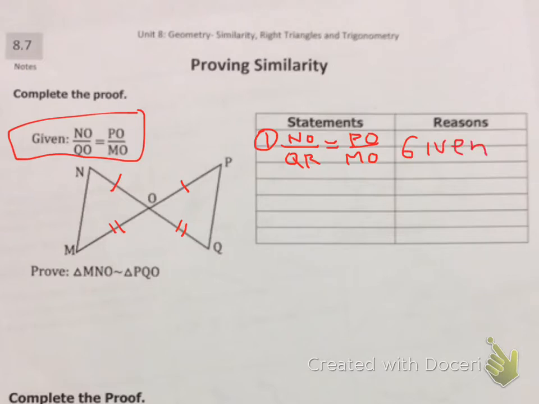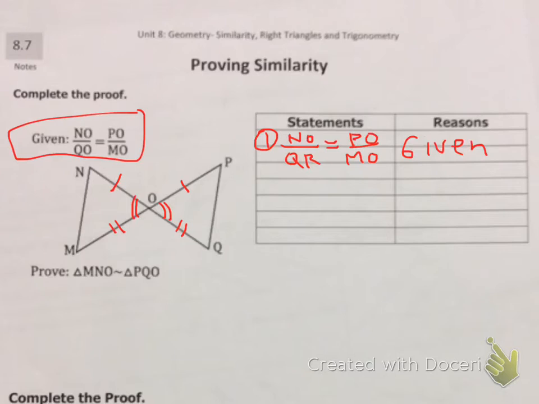So now that we have that marked, this is pretty simple to prove that those triangles are similar, because we can prove it by either angle, angle, side, angle, side, or side, side, side. The only thing that I need now to prove that these are similar to each other is to prove that these two angles right here are congruent to each other.